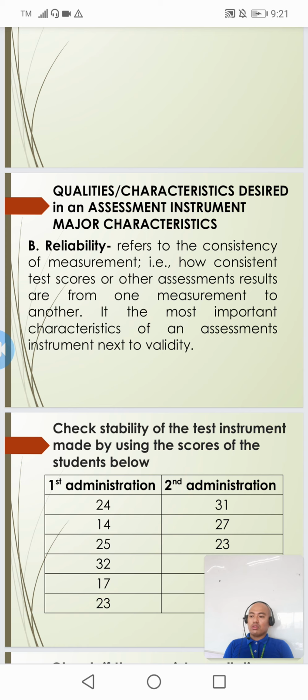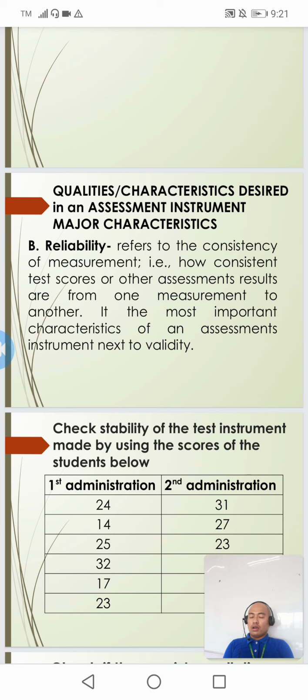Note that a high internal consistency reliability coefficient for a test indicates that the items on the test are very similar to each other in content. So in this case, our items are homogeneous from each other. So in that case, masasabi nating meron siyang internal consistency, kasi in the first place, homogeneous yung mga items natin.